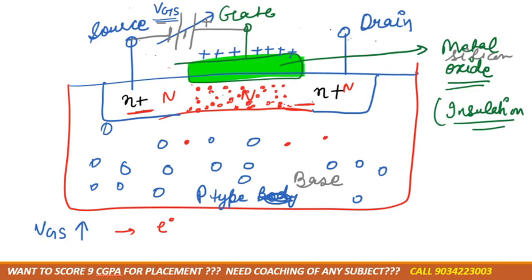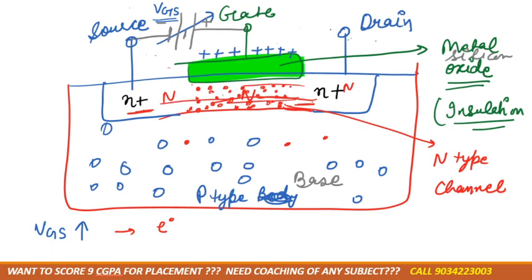Technically, we call this an N-type channel. Why do we call it an N-type channel? Because more and more electrons are flowing through. It's a channel, it's a path. Now one more thing: if I increase the value of VGS, is the current increasing or decreasing?